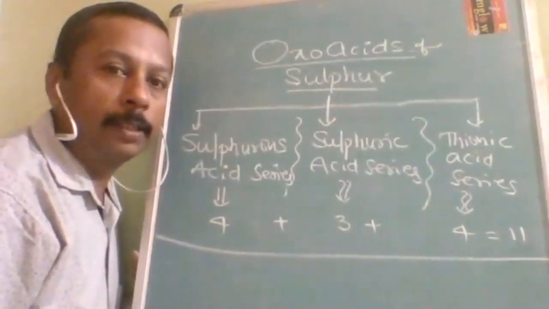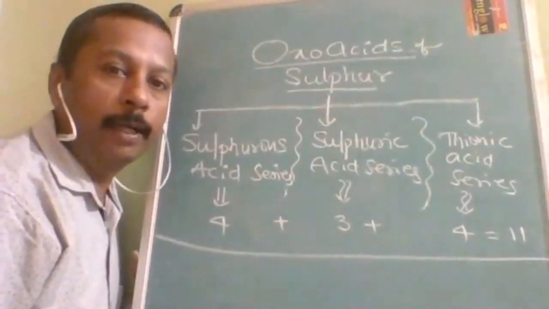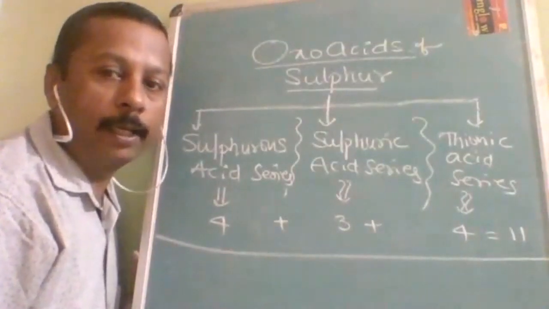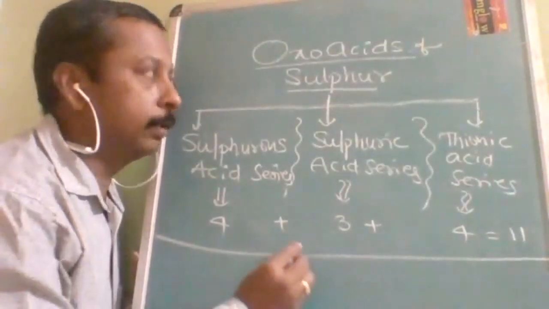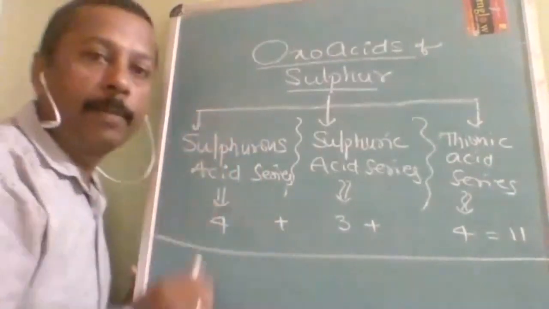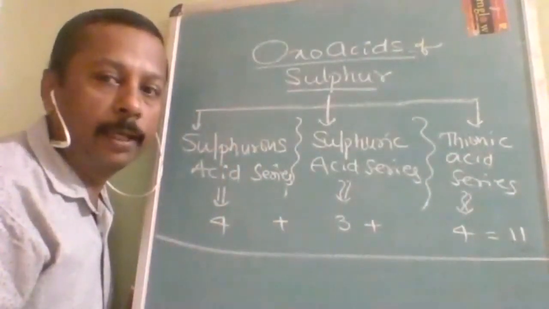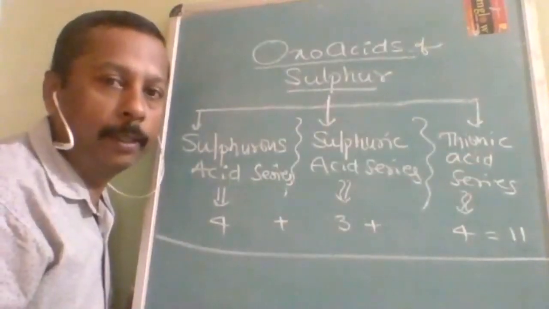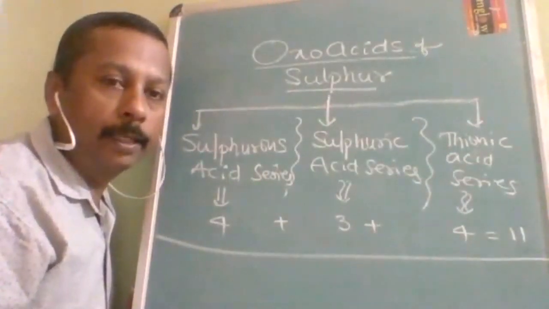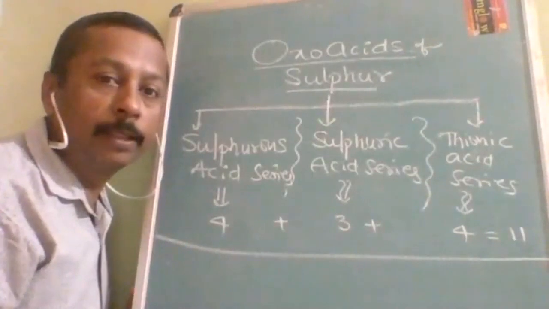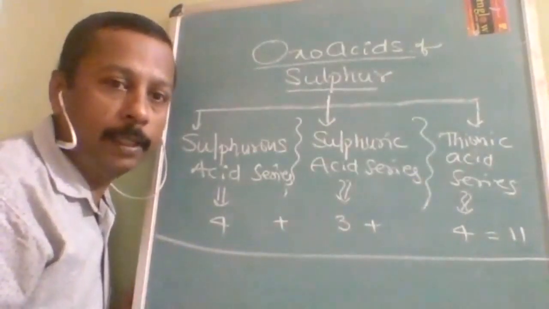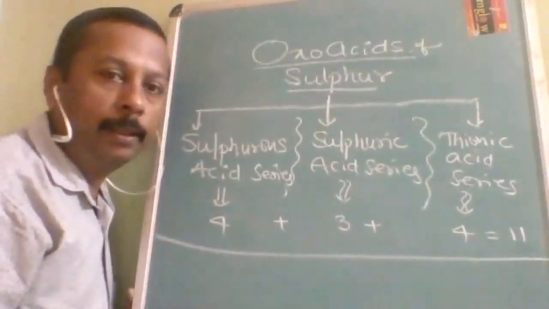Acids are basically divided into two types: the hydracid and oxoacid. Hydracid is a binary compound. Oxoacid is a ternary compound. In a hydracid, you will find how many types of elements? I am not asking the number of atoms.